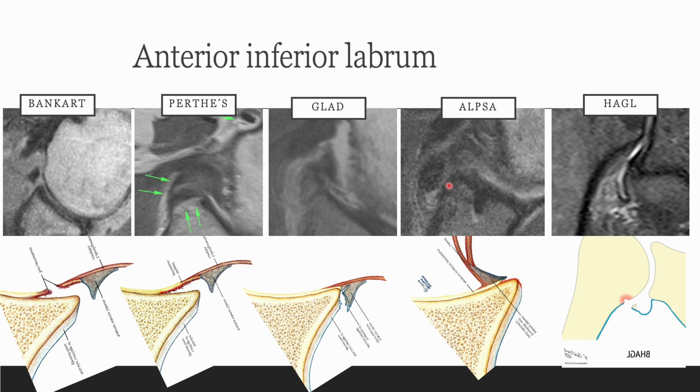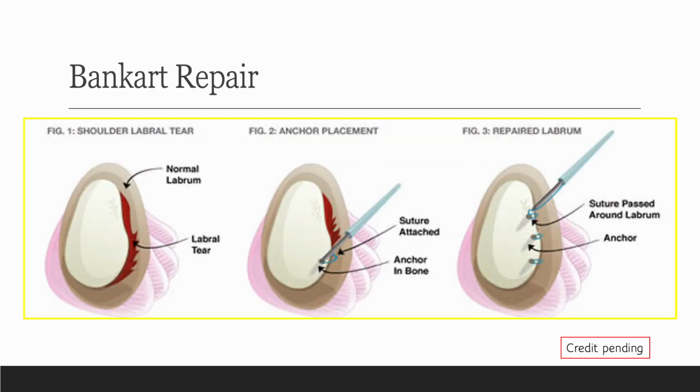And finally, sometimes you kick the door and it's locked on the opposite side. So you break it at the handle side. And this is what is called a HAGL lesion, or a humeral avulsion of the glenohumeral ligament. Now, whenever we see labral tears, typically they are fixed by something called arthroscopy, where they put sutures in and they can fix that labral tear.